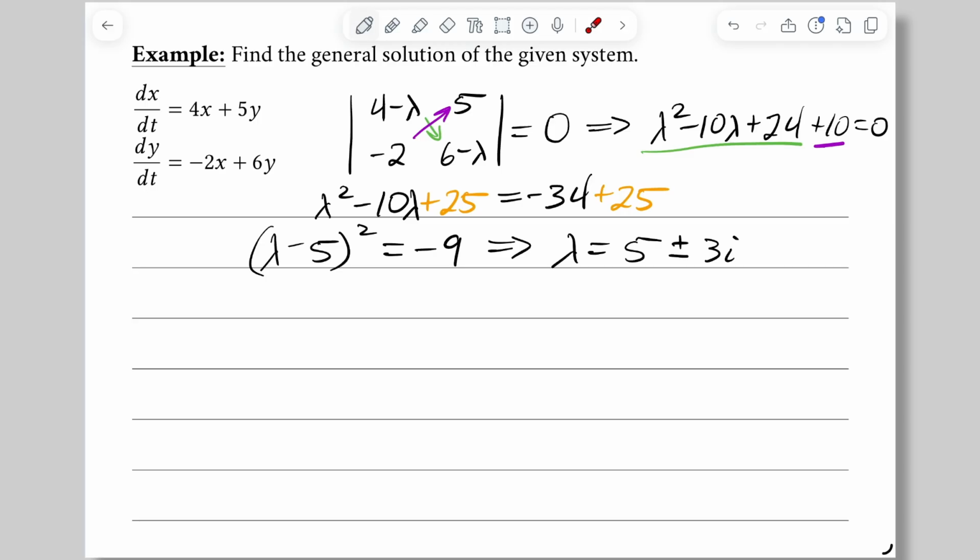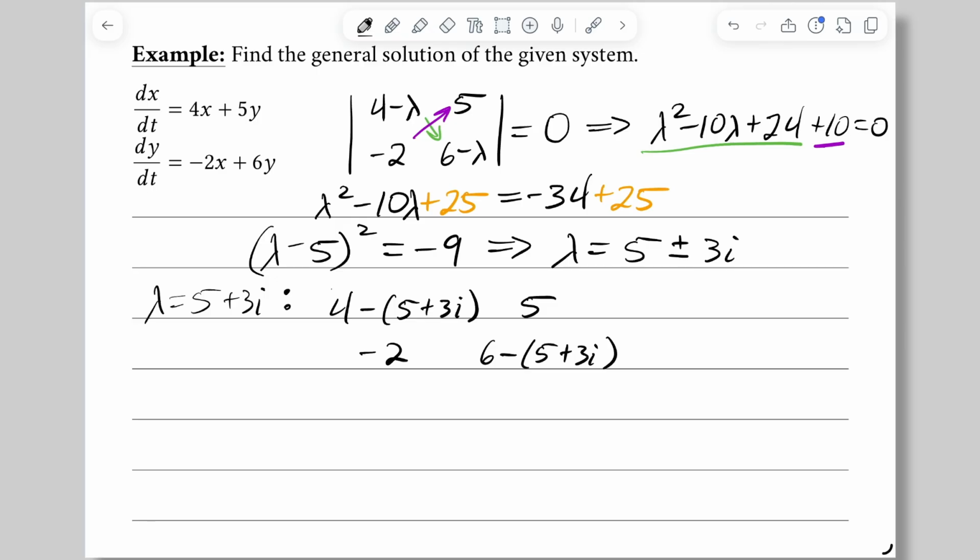Now, using lambda equals 5 plus 3i in the matrix A minus lambda I is going to give us 4 minus the quantity of 5 plus 3i, and then 5 as the top row, negative 2, and 6 minus the quantity of 5 plus 3i for the bottom row.